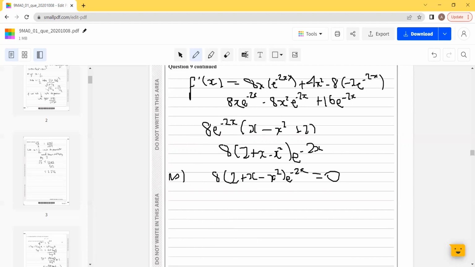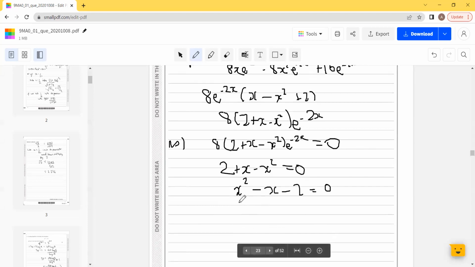So if you do that, what do we get? 2 plus x minus x squared is equal to 0, which means that we'll get x squared minus x minus 2 is equal to 0. So we get x minus 2 and x plus 1.